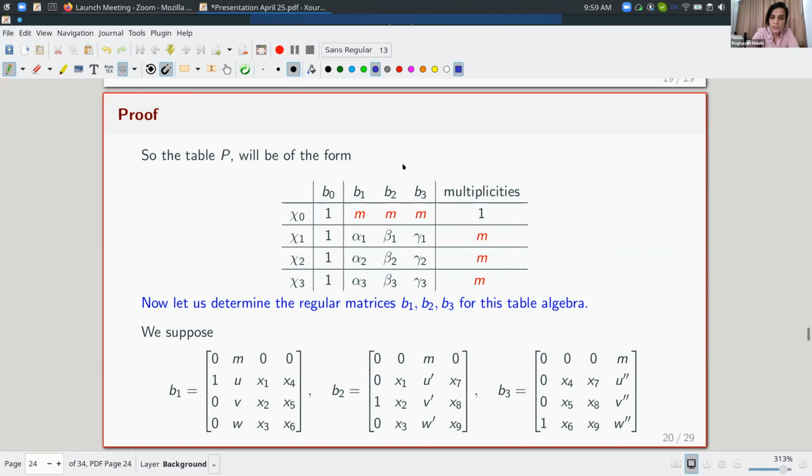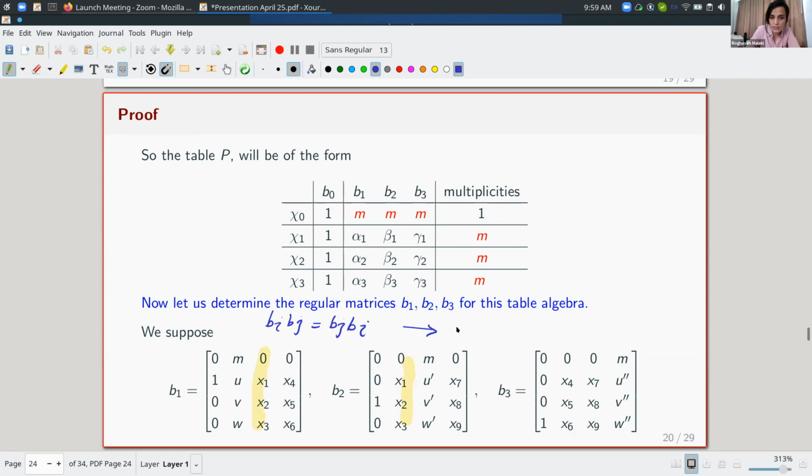And now we want to realize what the matrices are in the basis. The matrices are of this form, but you might wonder why some of the columns in these matrices are the same, for example, for B1 and B2. This in fact comes from the commutativity of the algebra, because we have BiBj equals BjBi.